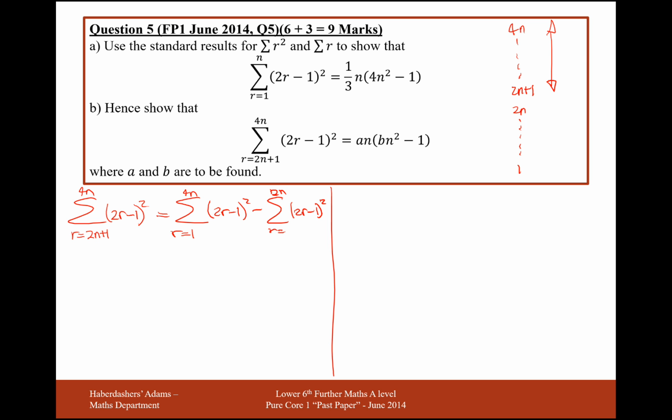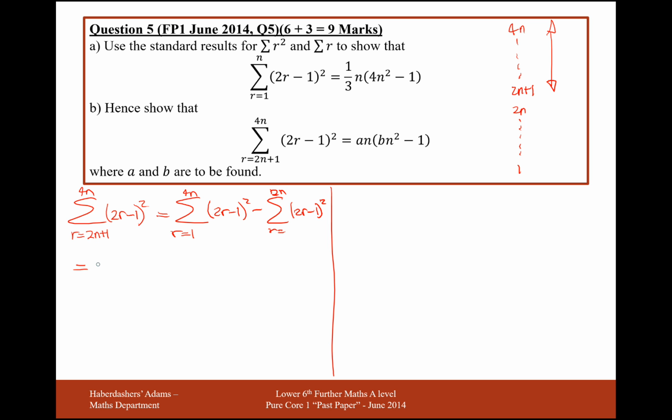You can also remember it if you've got a 2n plus 1 on the bottom of your summation, you need to take away 1 less than it on the other summation. Okay, so using the formulas now, I need to substitute in 4n into this formula up here, and then take away 2n, substituting into this formula up here.